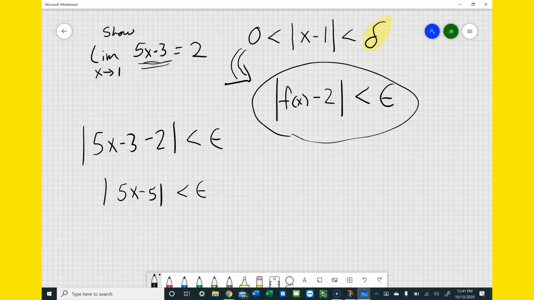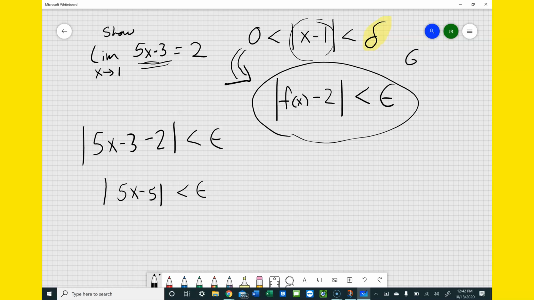All right, here's where we're going to do a little trick. Look at 5x minus 5. If I can make that become x minus 1, then I have found my delta, because the absolute value of x minus 1 is what is less than delta. And so I have found my delta in terms of this epsilon, and that's what I'm trying to do.